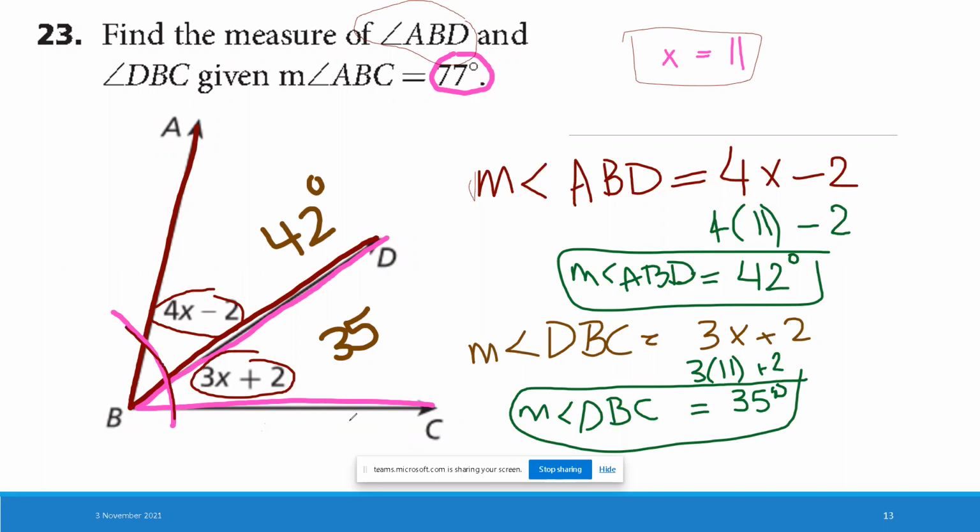Bravo. That's it. Girls, you must add 42 with 35. If their summation is 77, then my solution is correct. Okay, did you understand it now, girls? Do you have any question?